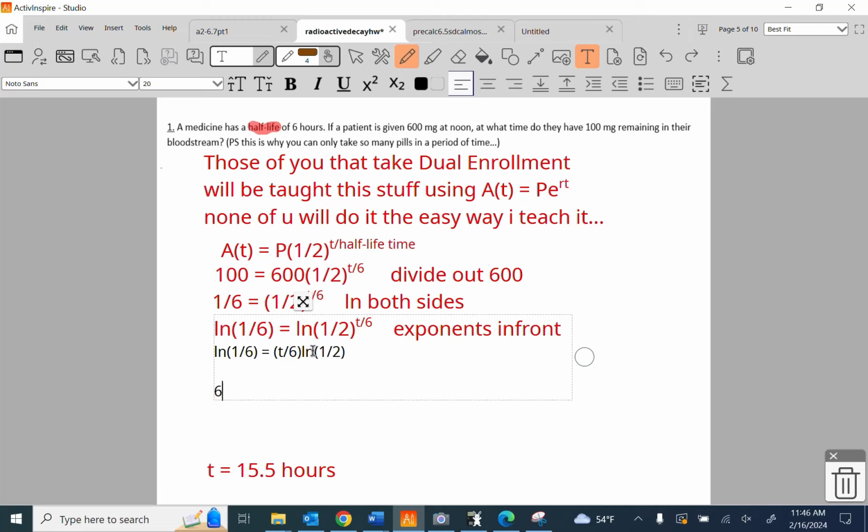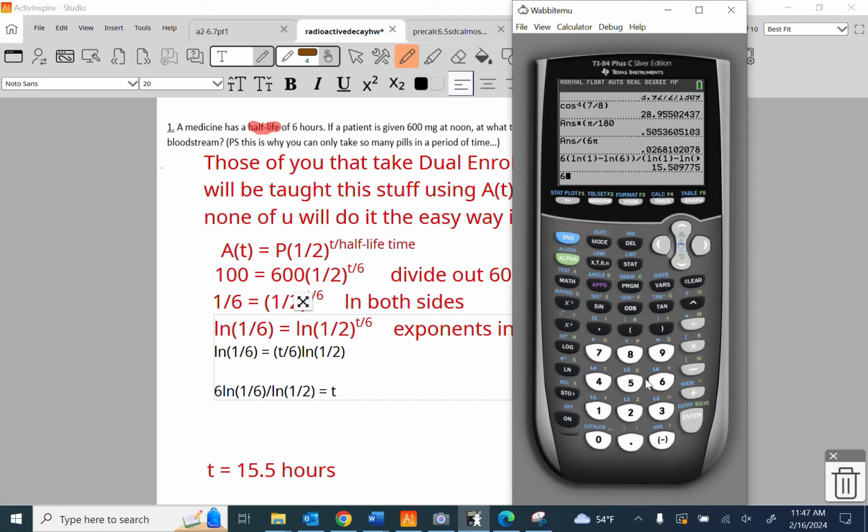I've got to multiply by 6, so 6 ln 1 over 6, and I've got to divide by the natural log of a half. And that's my time. It's 6 ln of 1/6 divided by the ln of a half. It ought to be the same exact thing. Ah, it is. Who would have thought?